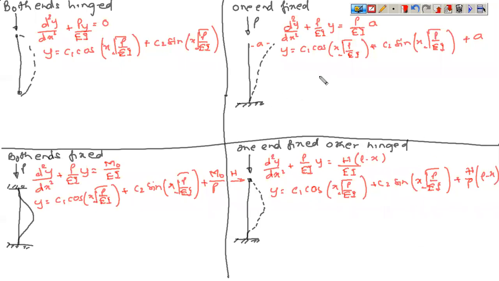So these are the four columns. Depending upon the type of supports, you have formulated the equation. This is the equation and this is the solution of the equation. If you look at all four equations, this term is always there.